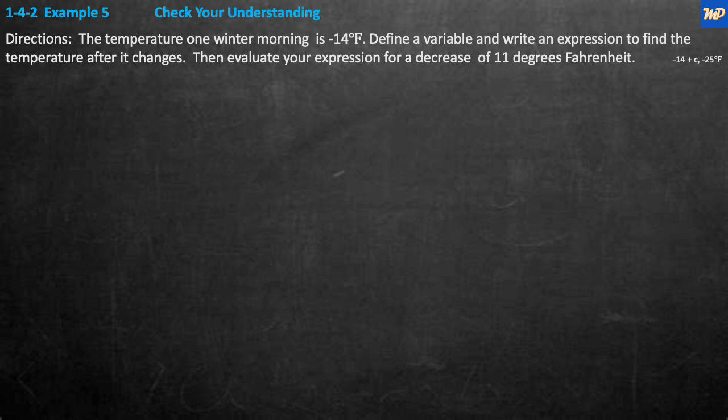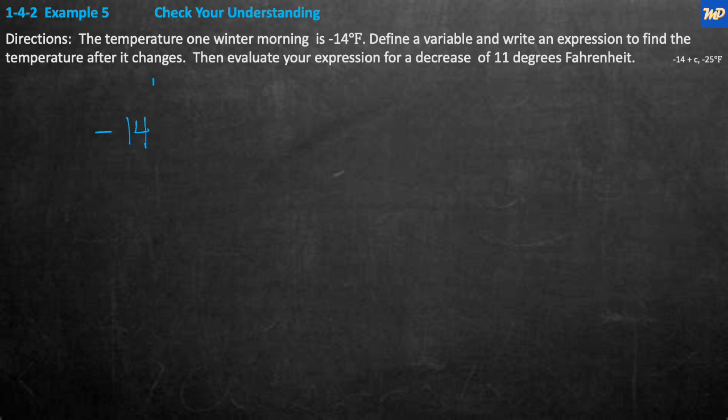The temperature one winter morning is negative 14 degrees Fahrenheit. Define a variable and then write an expression to find the temperature after it changes. Then evaluate your expression for a decrease of 11 degrees Fahrenheit. Okay, so what is it? In the morning, it was negative 14 degrees Fahrenheit. So we're going to start off right there, negative 14. And then it says define a variable.